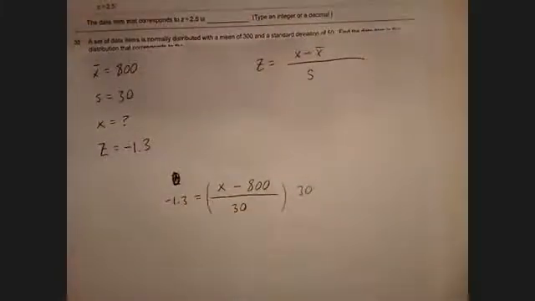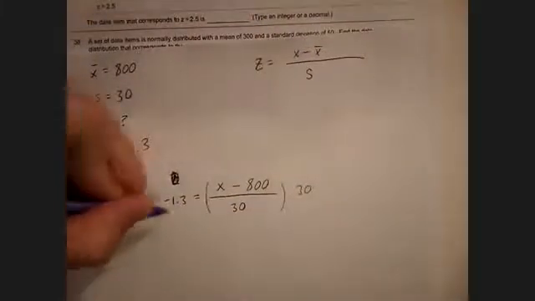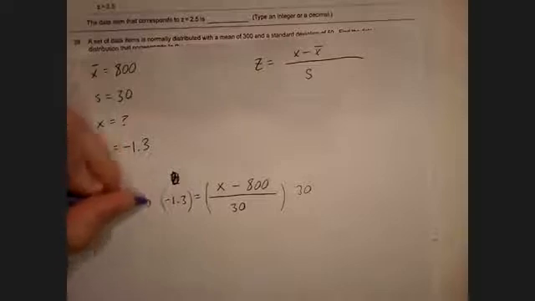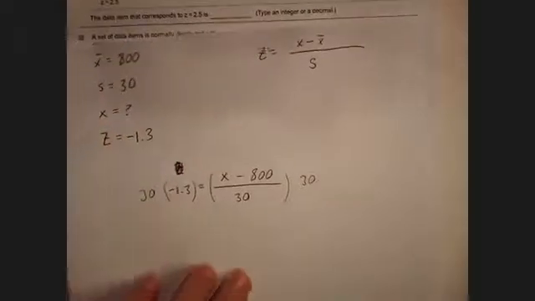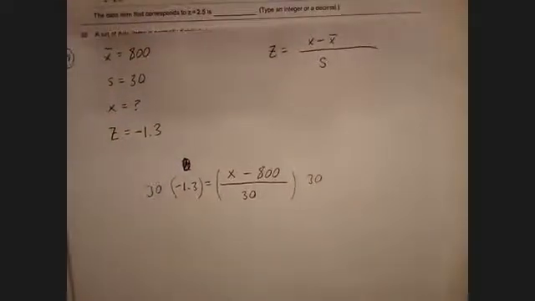So 30 will cancel out with that 30. If I multiply the right by 30, well, I better multiply the left as well. Okay. So this is a weird decimal, so I'm going to go ahead and just type this one in. 30 times negative 1.3.